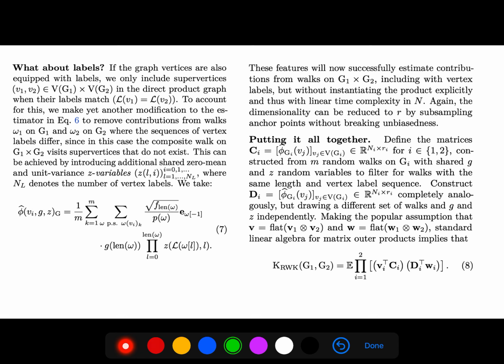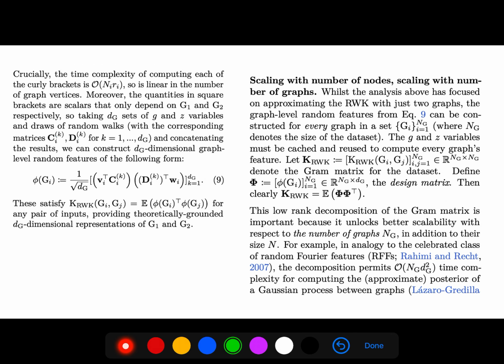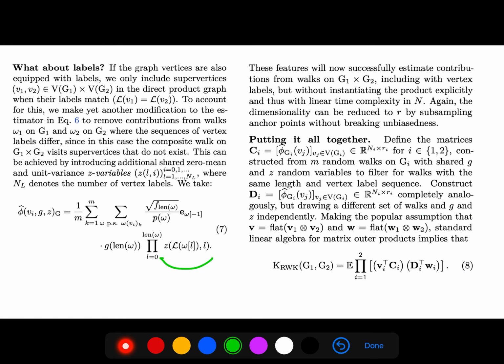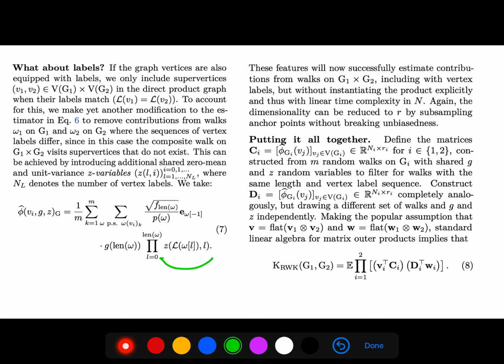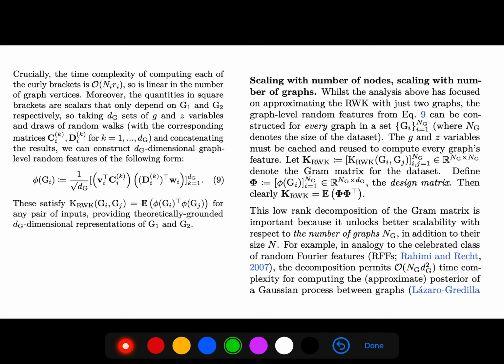For labels, they added this z variable. Then after that, we put together the random variables and labels, and we have this random walk kernel in equation 8 between the two graphs.